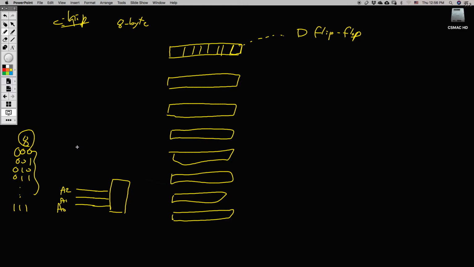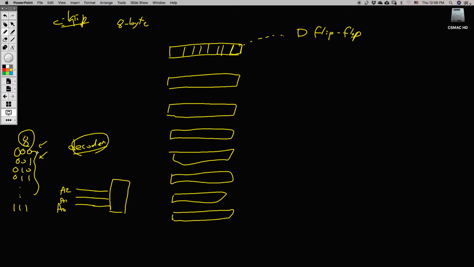So that is called a decoder, one of the combinational circuits we studied in chapter 3. For a decoder, the given information is encoded, like 000 and then 111, and then we need to select which one. So 000 represents which one, 001 represents which one.